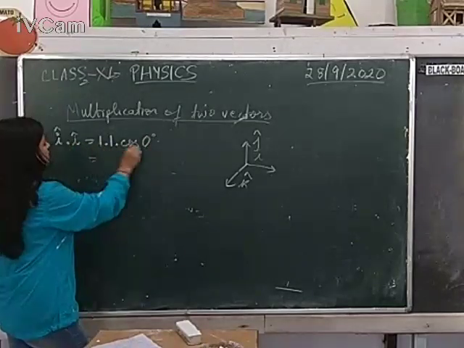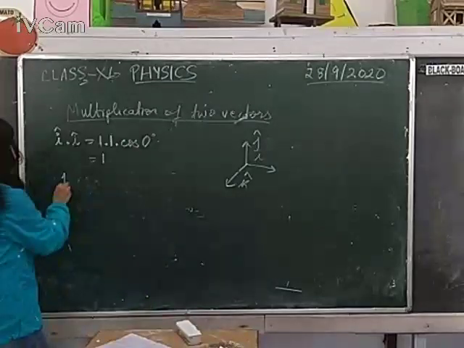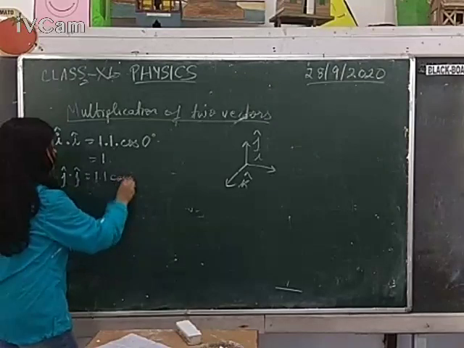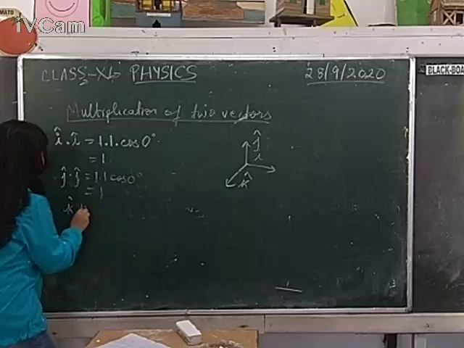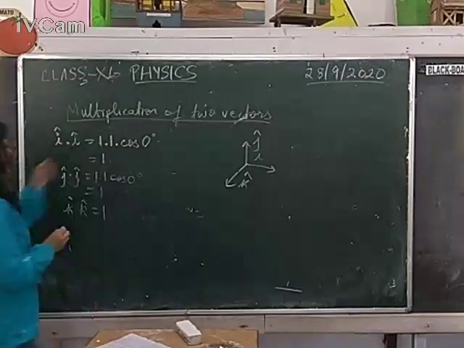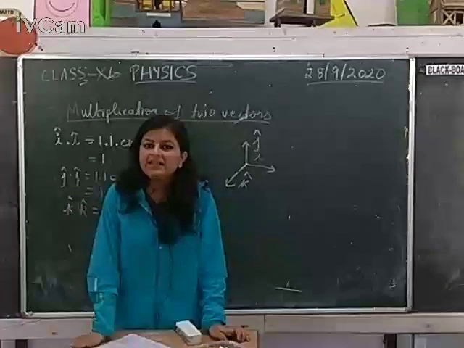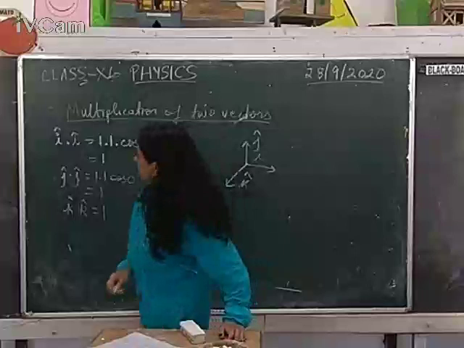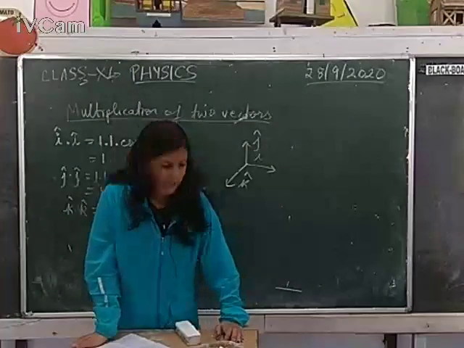So 1 into 1 into 1 will be equal to 1. Okay. Likewise, j dot j will be 1 into 1 into cos 0 degrees. Again, it will be equal to 1. Likewise, k dot k will also be equal to 1. So scalar product of the orthogonal vectors with the same orthogonal vector will be equal to 1. So i dot i will be equal to j dot j will be equal to k dot k, that will be equal to 1. Okay.